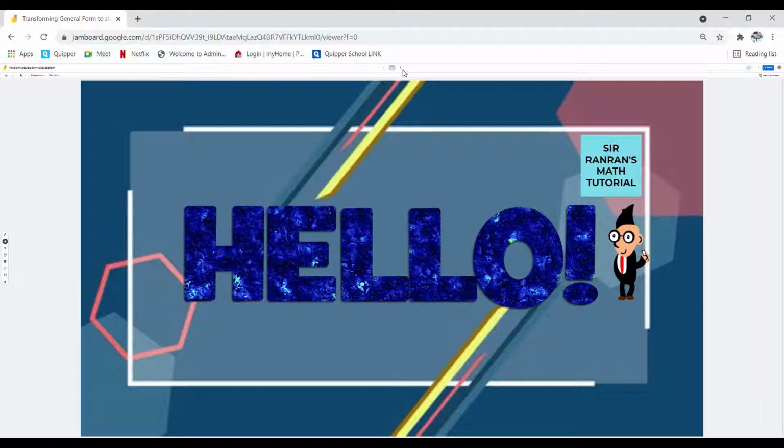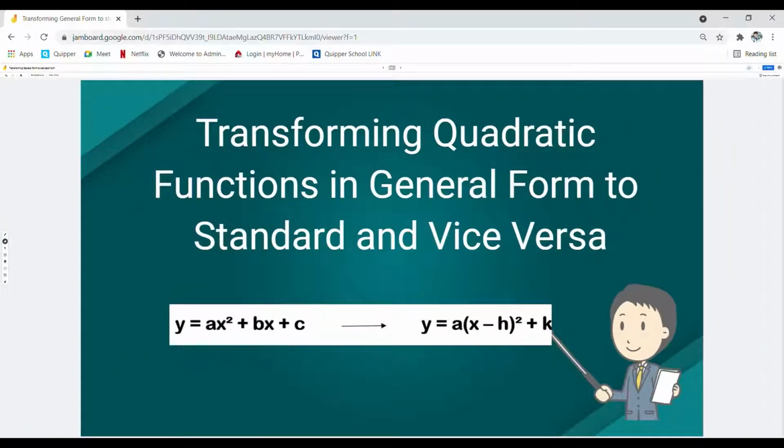So what we are going to have this time is transforming quadratic functions written in general form to standard form, otherwise known as our vertex form, and then vice versa. As you can see here, this is our general form: y is equal to ax squared plus bx plus c, and we'll try to transform it to vertex form or standard form, which is y is equal to a times the quantity x minus h squared plus k.